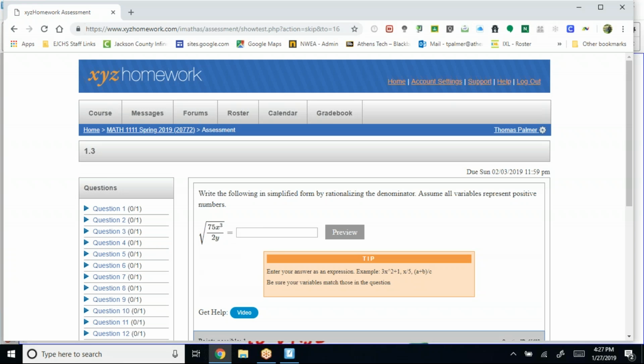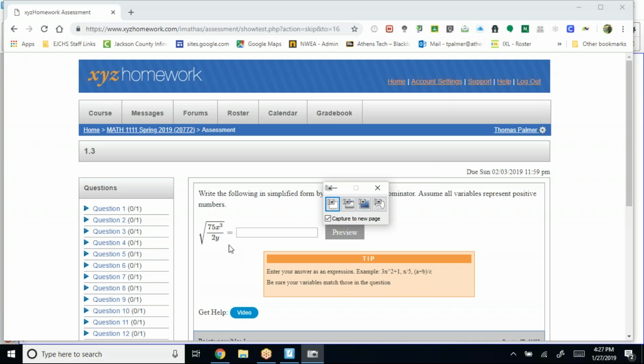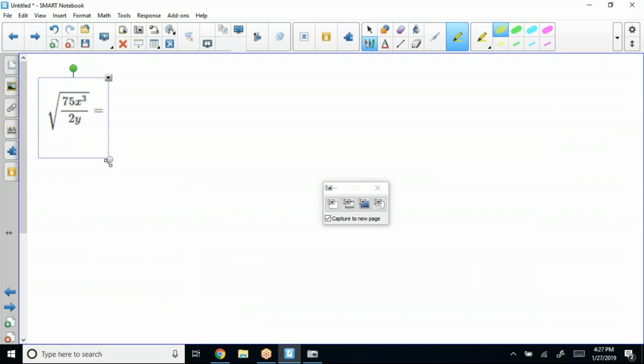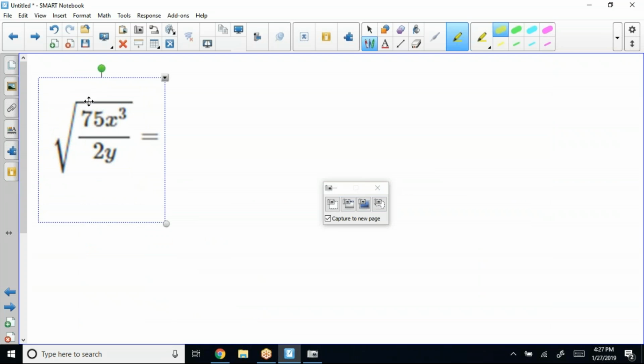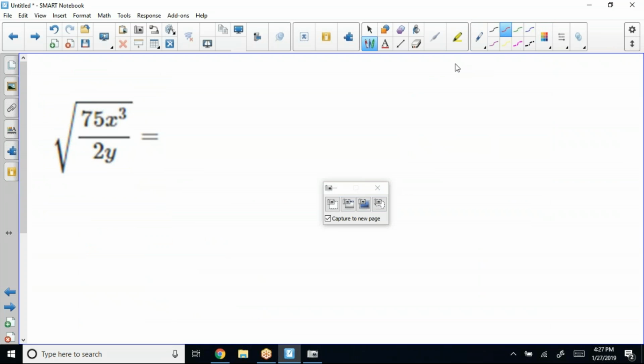We're just rationalizing these. And I'll give you some things to consider before we start working. Just kind of step back. It's a square root, right? So there's a 2 sitting right there. Now, can I simplify these numbers right here evenly? 75 divided by 2. 75 is an odd number, so it's not going to go into it evenly.